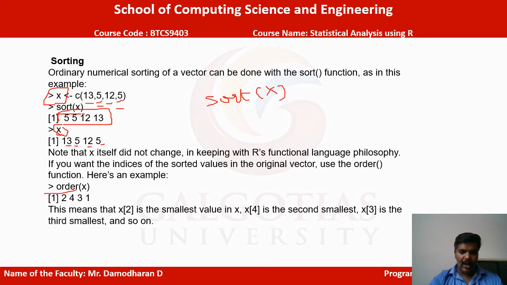In this order function of x, it takes which comes first and which comes second. Here the values are 5, 12, 5, 13.